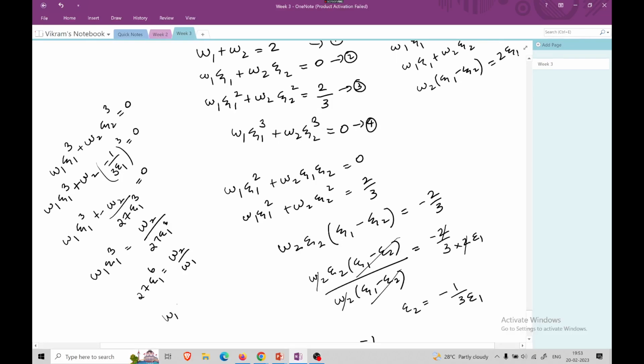Okay, W1 epsilon 1 plus W2 epsilon 2 is equal to 0. W1 epsilon 1 plus W2 into minus 1 by 3 epsilon 1, so W1 epsilon 1 is equal to W2 by 3 epsilon 1.